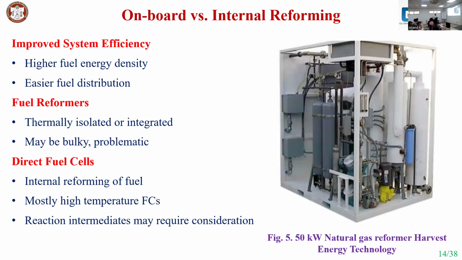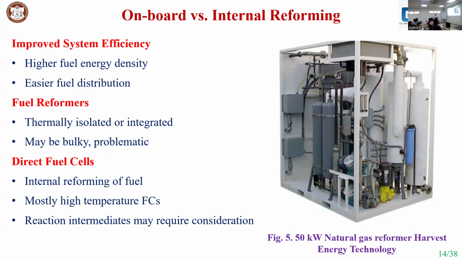So this is the 50 kilowatt natural gas reformer energy technology, available from Harness Energy Technology. There they are using natural gas. This is similar to ammonia, steam methane reforming and Haber-Bosch technology concepts. If you want to go for a hydrogen fuel cell, you need to supply hydrogen.